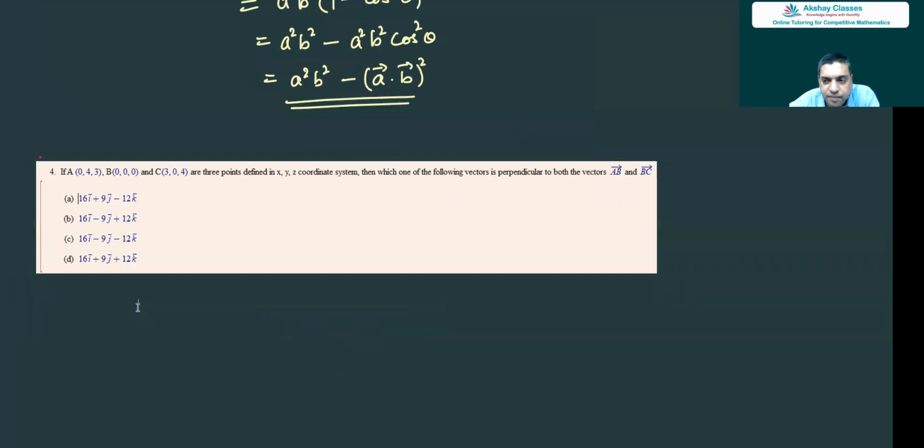So what do you have to find? Cross product of, just find this cross product. You solve it.